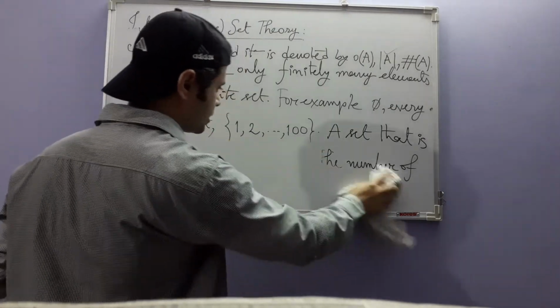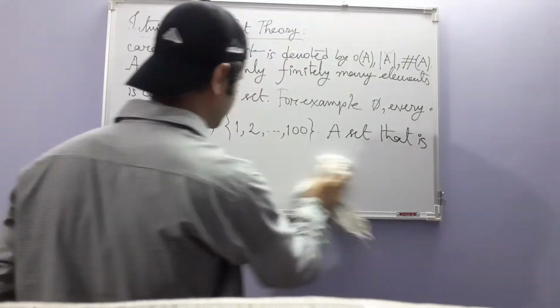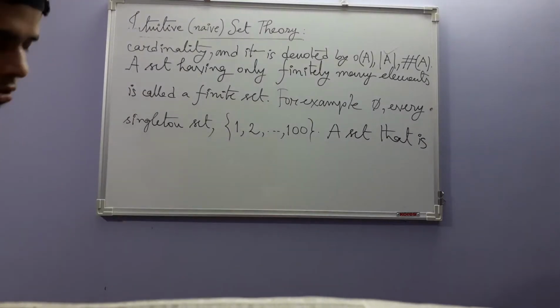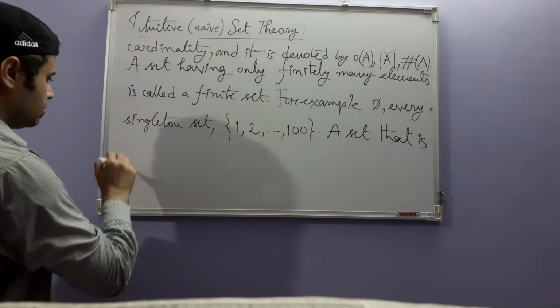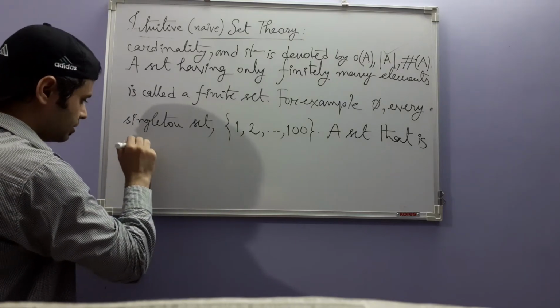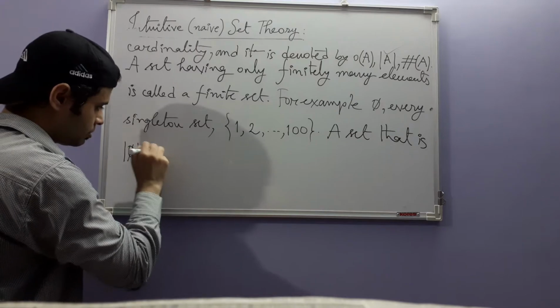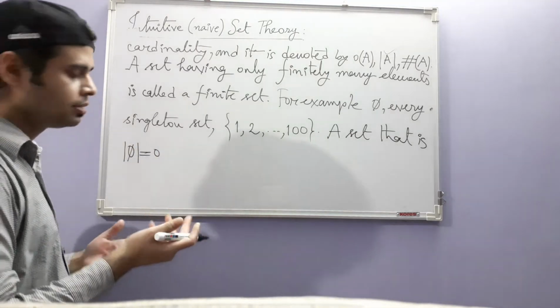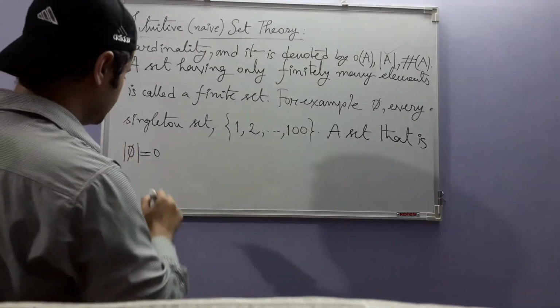So to understand this more clearly, we consider these examples and write their cardinality. Cardinality of the empty set is 0. There is no element, so the number of elements is 0.